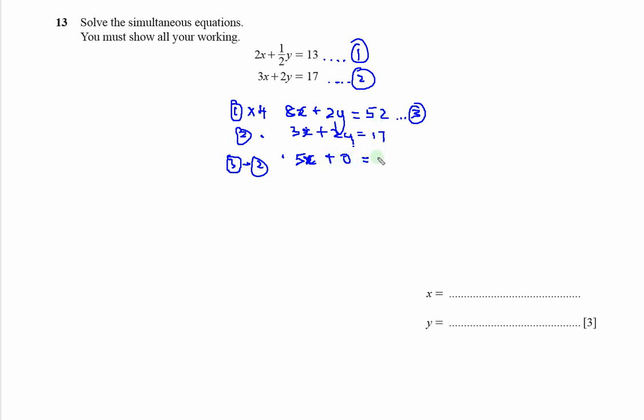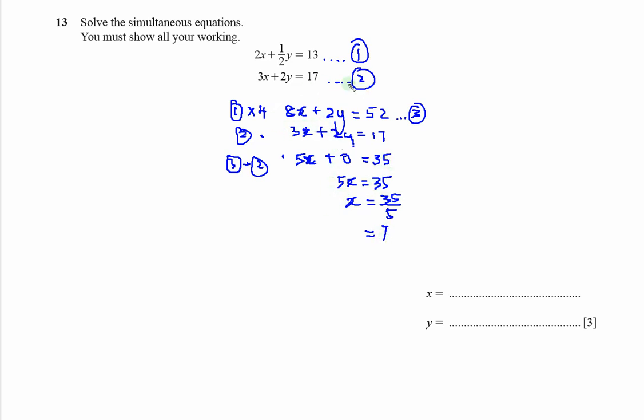This minus this, you get 35. So by subtracting, you remove the y unknown, you're left with the x unknown, so you are left with 5x equal to 35. So x becomes 35 over 5, which gives you 7 for x.